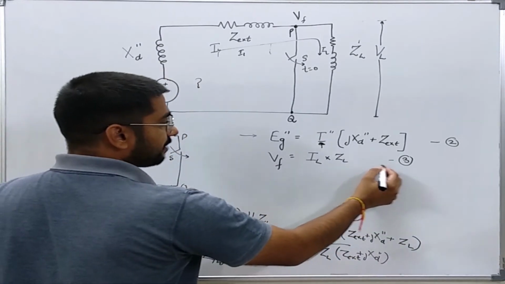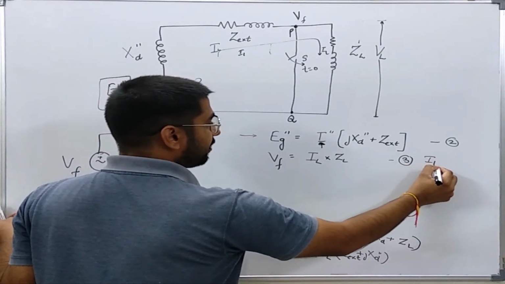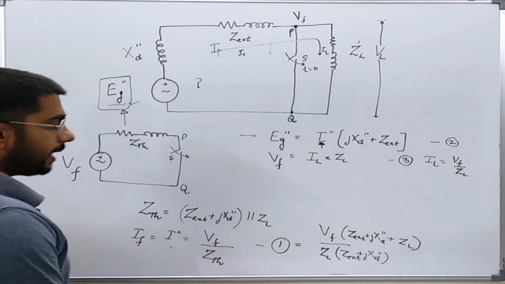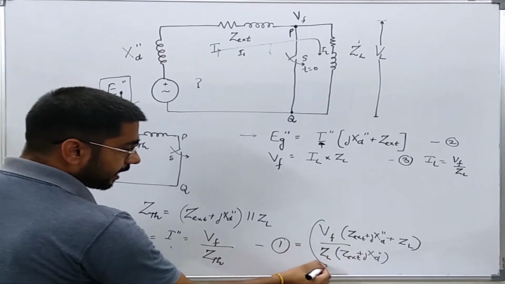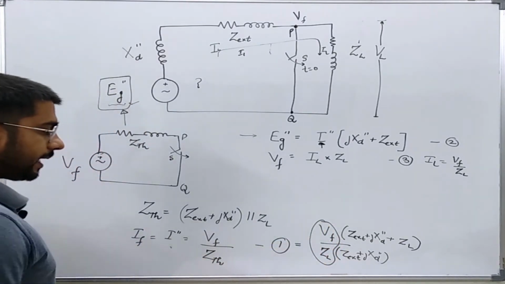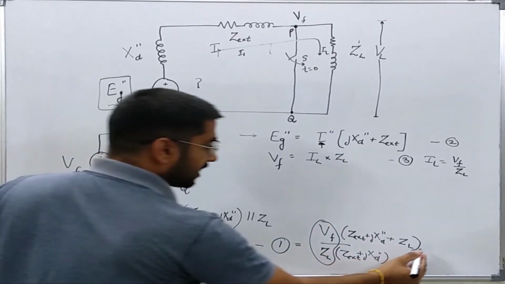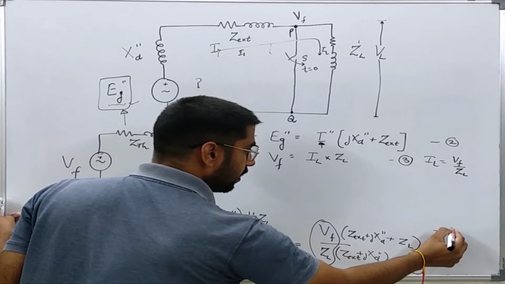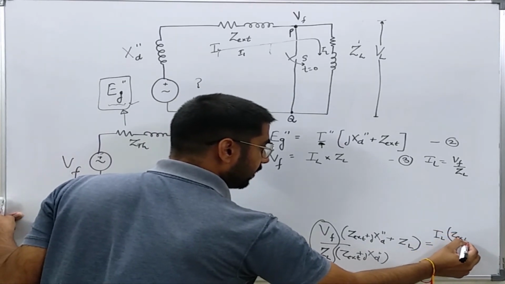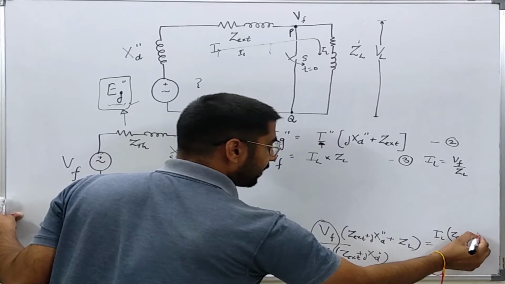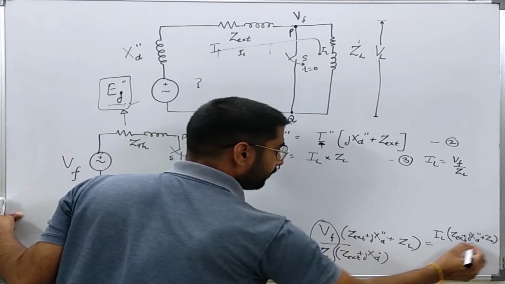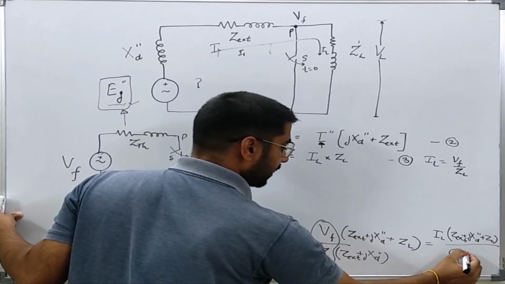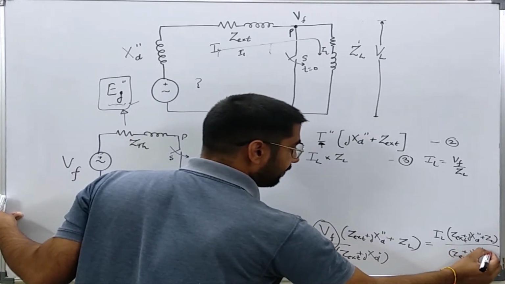So this equation number 3 shows that IL is nothing but Vf over ZL. Okay, now this Vf over ZL is here. So I can see this equation number 1 just transforms into IL times (Z external plus JXD double prime plus ZL) over (Z external plus JXD double prime).